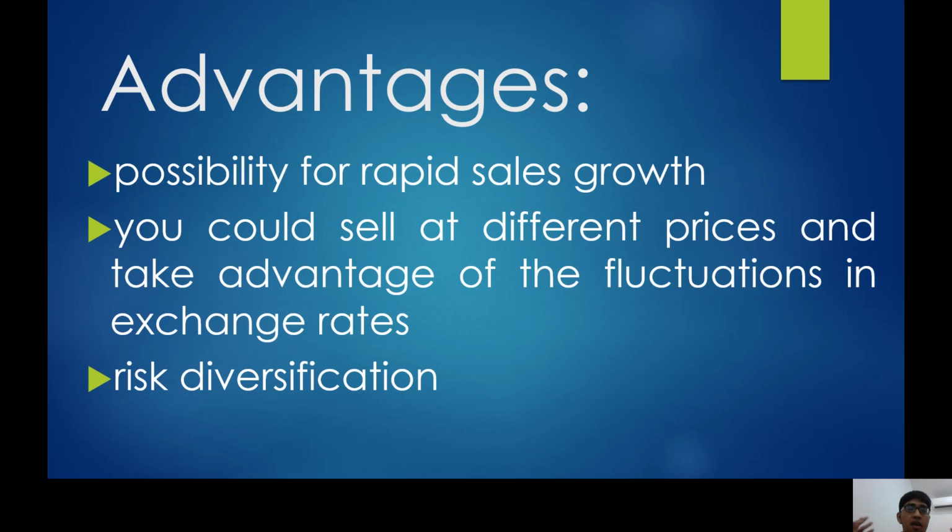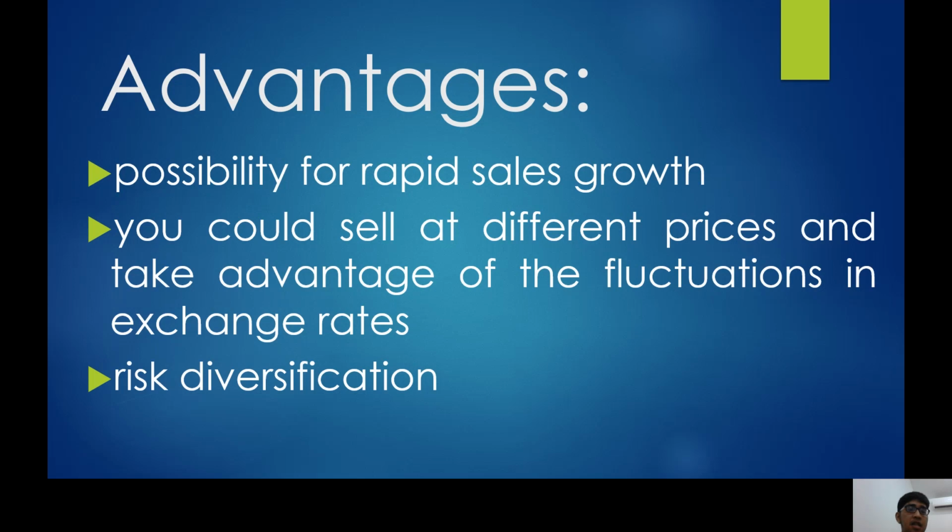So you could have different prices. Example, doon sa Japan, your product is priced at 10,000 yen. Doon sa US, $200. Sa euro, that could be 150 euros. So, ma-take advantage mo yung prices at magiging advantageous sa'yo yung exchange rate.